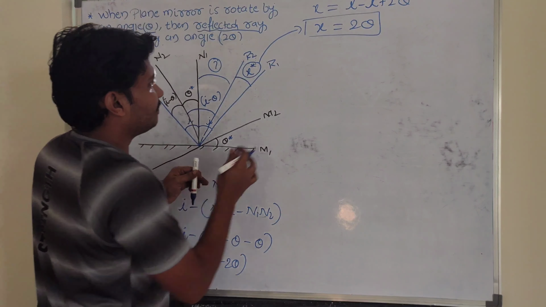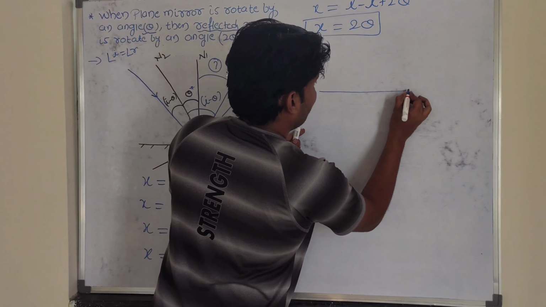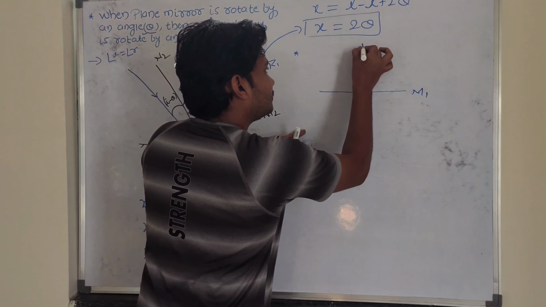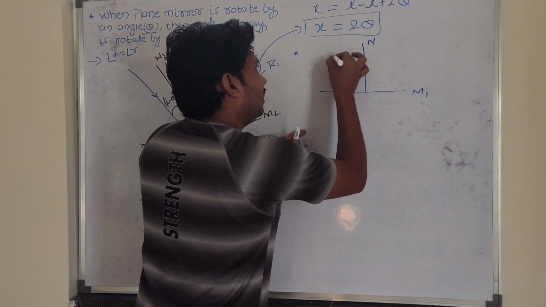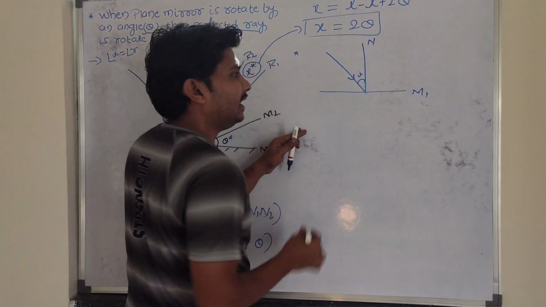Related to these applications, they ask a question like this. For example, this is mirror M1, this is a normal line, this is the incident ray and this is the incident angle.